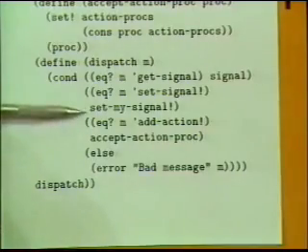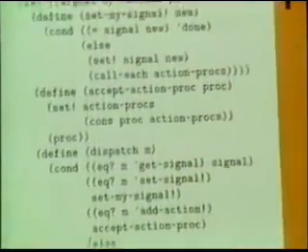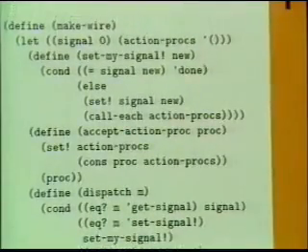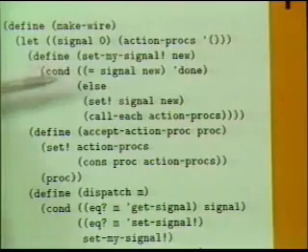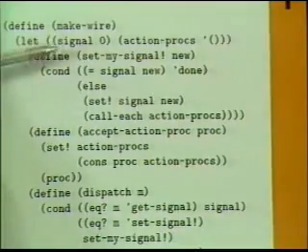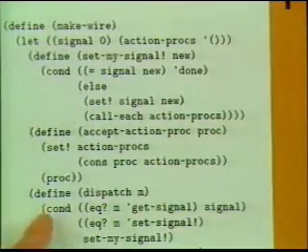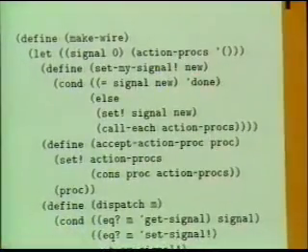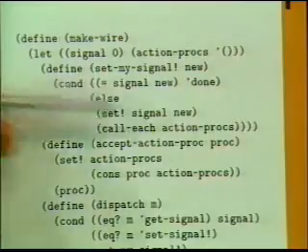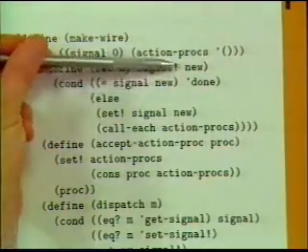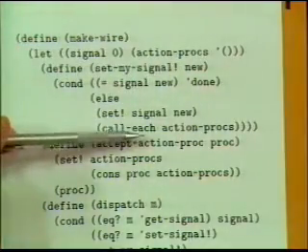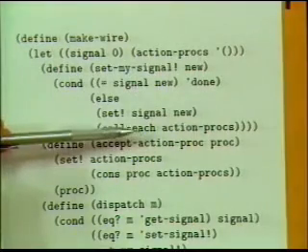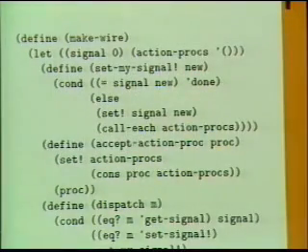It's set my signal, a procedure that's defined inside the wire, which if we look over here, is the thing that says set my internal value called the signal, my internal variable, which is the signal, to the new value, which is passed to me as an argument, and then call each of the action procedures, waking them up. Very simple.